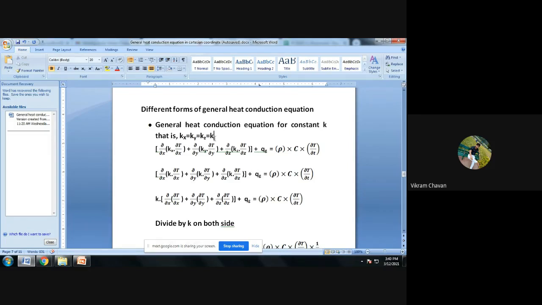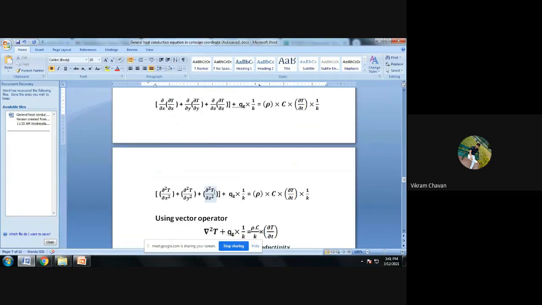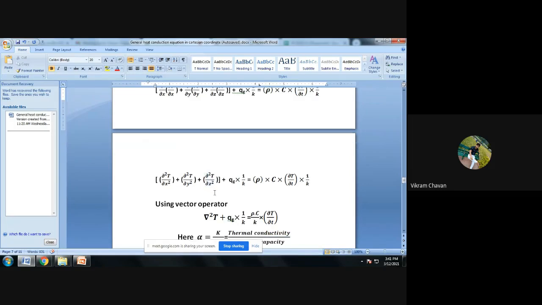Further we modified the general heat conduction equation by taking K common from the first term of the equation and dividing both sides by K. Once again we applied the del operator for the differentiation, and here we get the equation in the double derivative form.